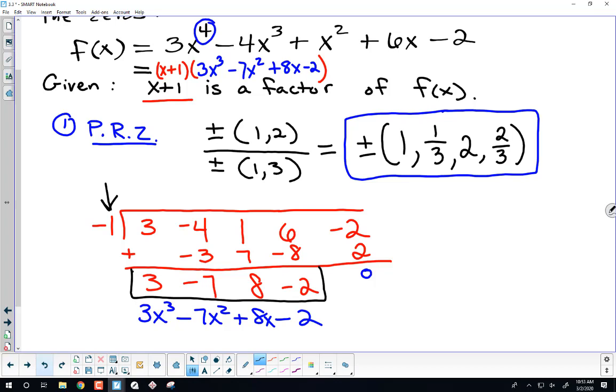So we'd start with -1 again, but here's the list. We start with 1 and -1, 1/3, -1/3, 2, -2, 2/3, and -2/3. So just because a factor gives you a 0 remainder doesn't mean you cross that off the list ever. So you just keep breaking it down until you just have a regular factor. Yeah, exactly.